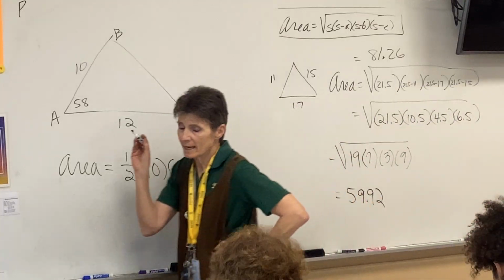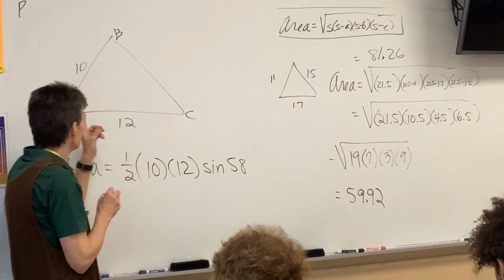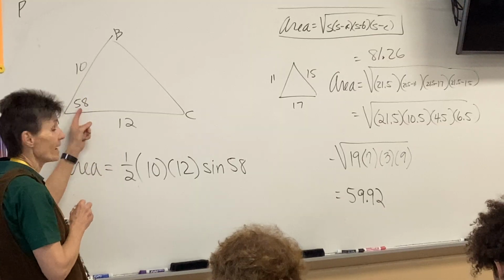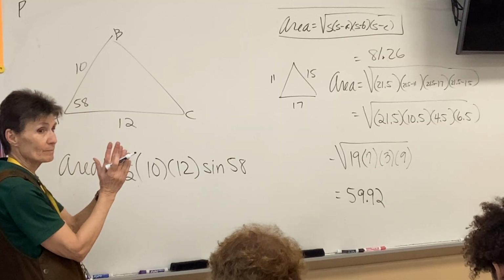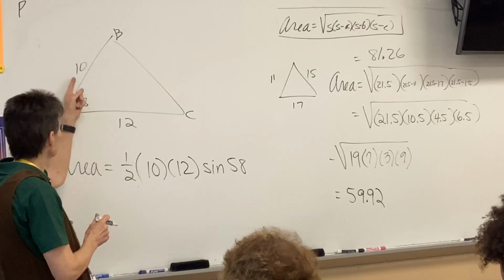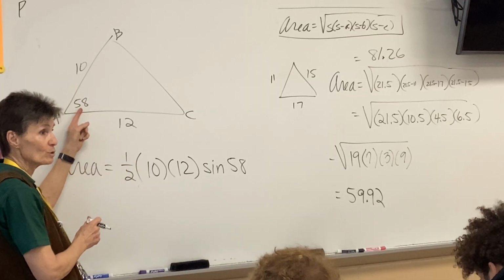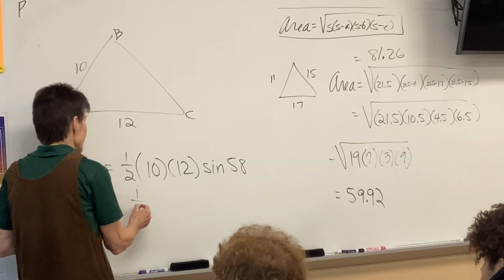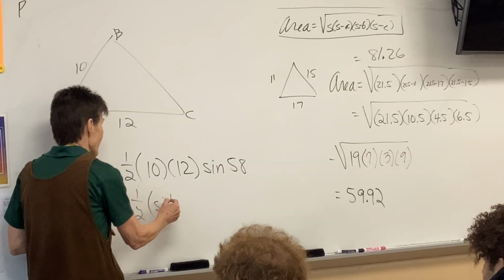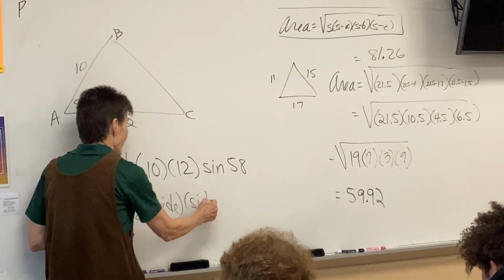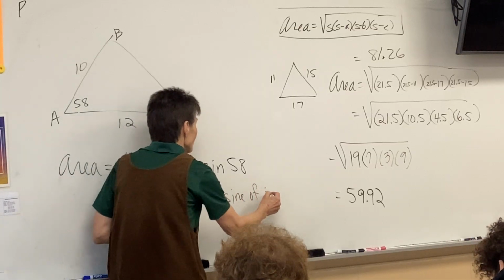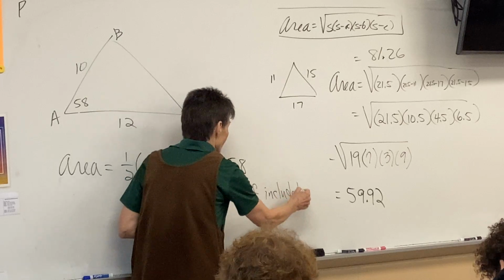Look at the triangle, guys. Do you see how you have 2 sides and the angle in between them? The formula says the area will be 1/2 side times side times sine of included angle.